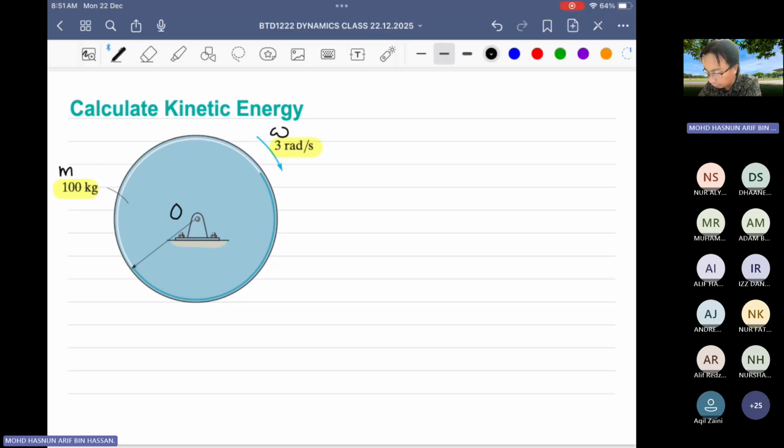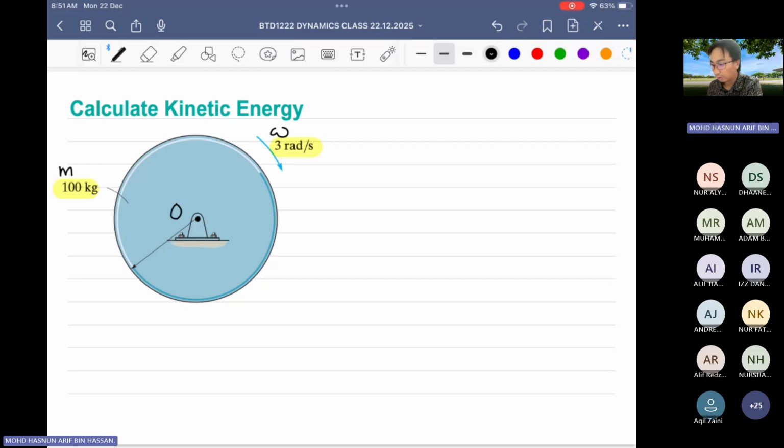So this is the fixed point. This is where the object is fixed, the disc, let's call it a disc. The disc is fixed at that point, and then it is currently rotating. So what we want to find is the kinetic energy of this disc.